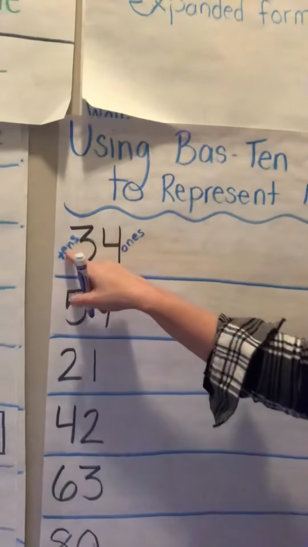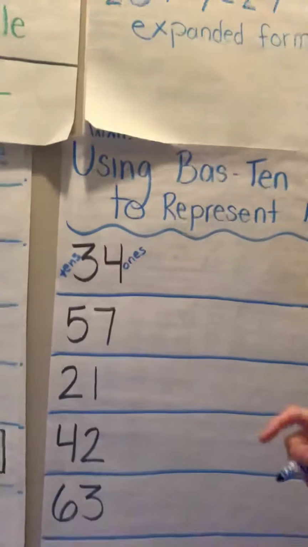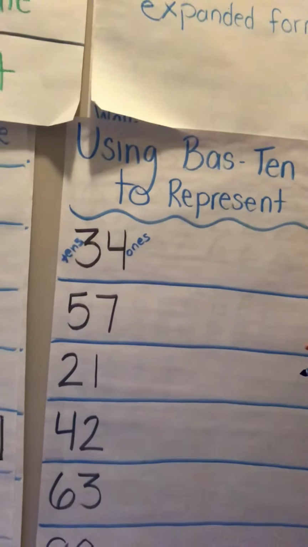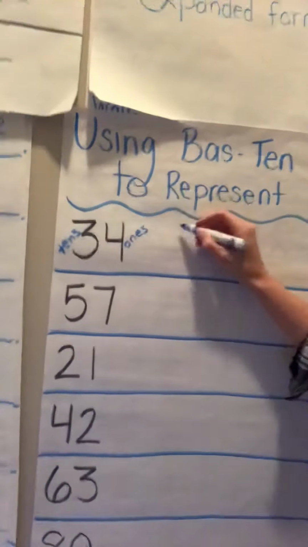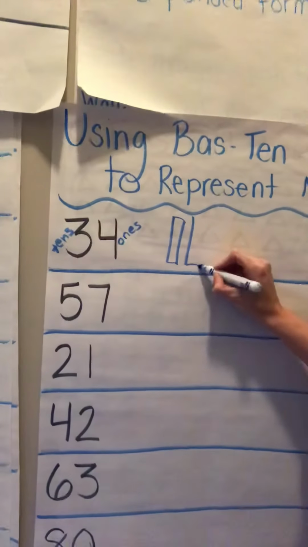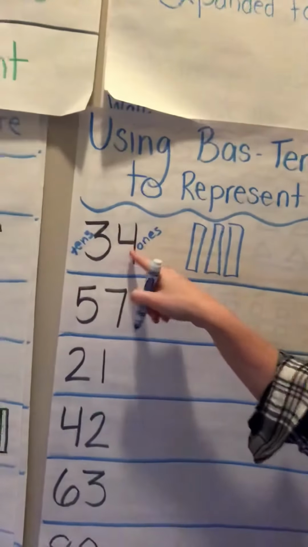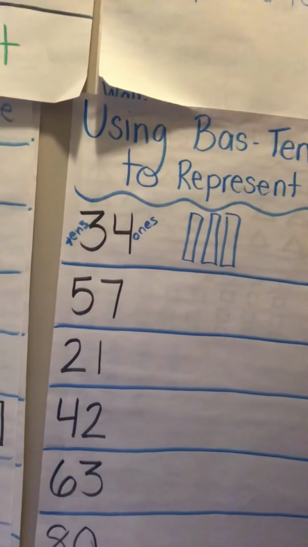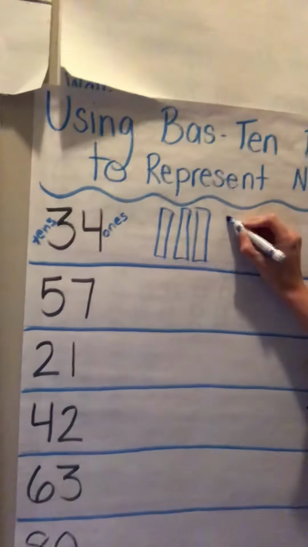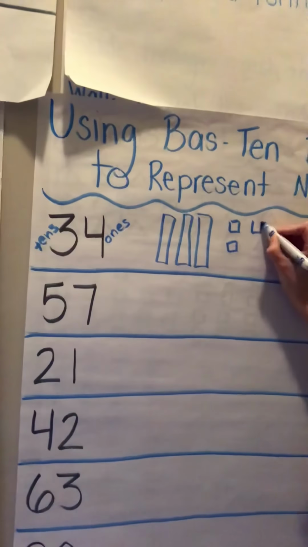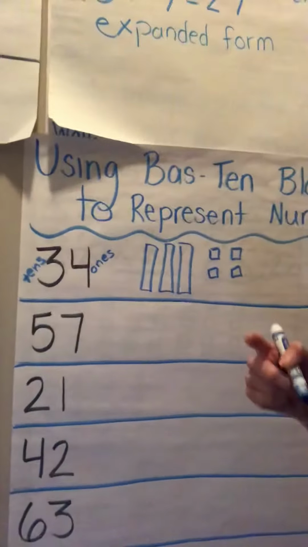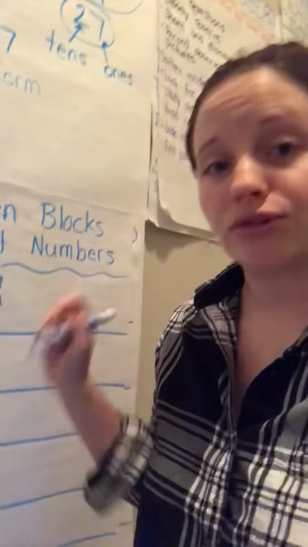Now we're ready to draw. So we have our tens and our ones. How many tens do I need for 34? Right, I need 3 tens. So I'm going to nicely draw my 3 tens. And then how many ones do I need? Awesome, there's a 4 in the ones place, so I need 4 ones. And now I can double check to make sure this equals 34.